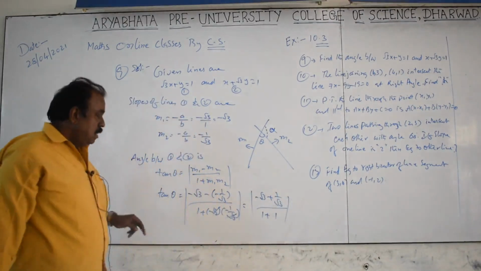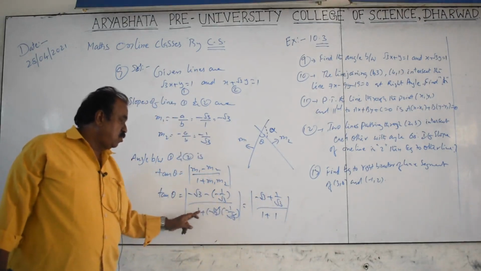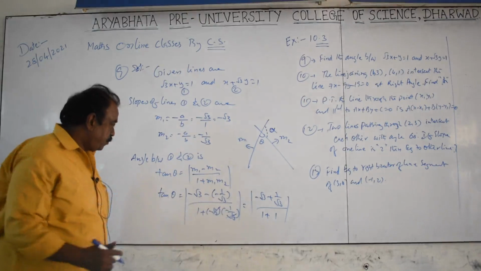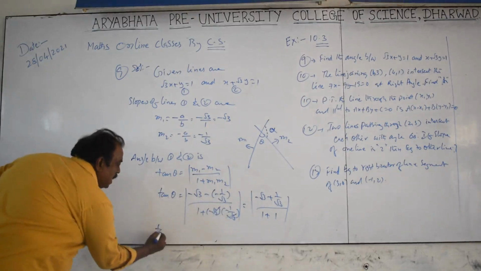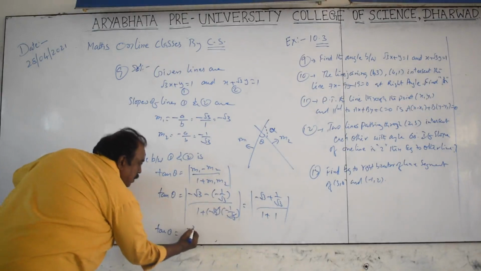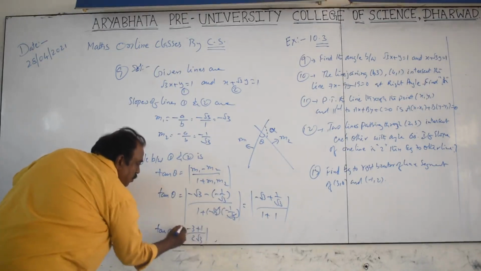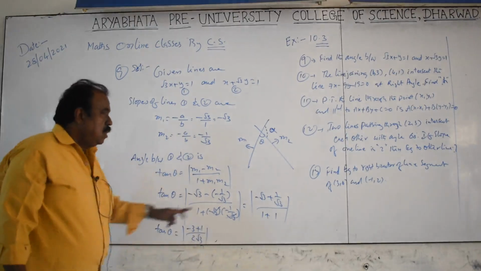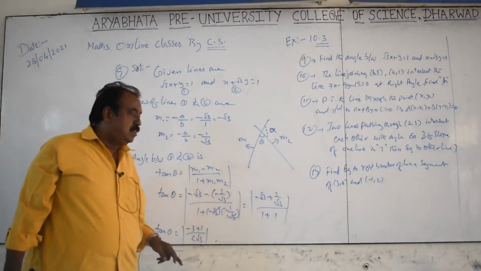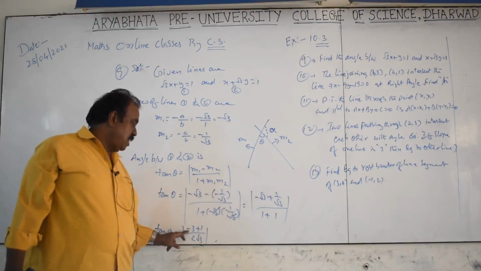Correct? Minus plus root 3 cancels, 1 plus 1. So tan theta is equal to, LCM, minus 3 plus 1 by 2 root 3. Root 3 into root 3, root 3 square is 3, but minus is there.